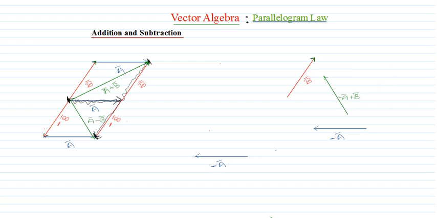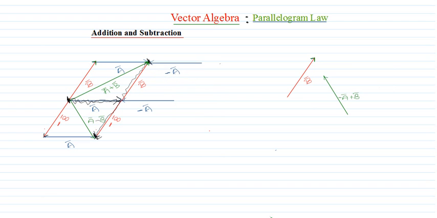Now the last thing, that is vector b minus a, we have to get. In order to get vector b minus a or minus a plus b, we have to project negative a vector like this. We have to get a negative a vector by projecting this a and assigning an opposite direction. So now create a parallelogram out of this.